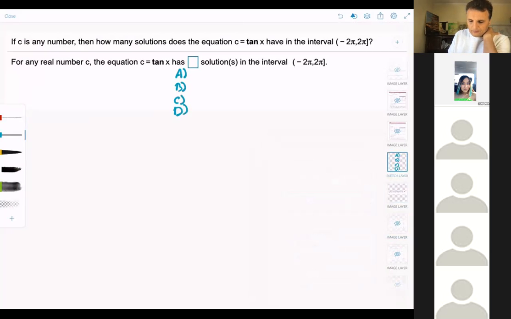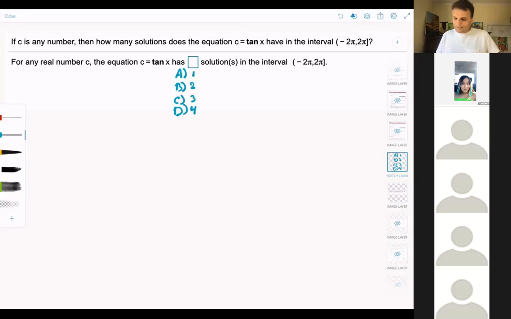Is that 1, 2, 3, 4? 4. Yvette, 4. Who said 4? It's me, Karen. Not thinking, not guessing, just picking 4 for sure. No, I was thinking about it because I was remembering from the homework. Oh, very good.